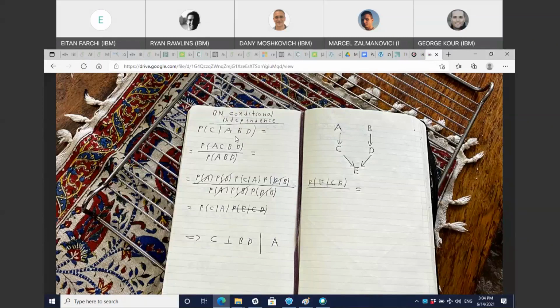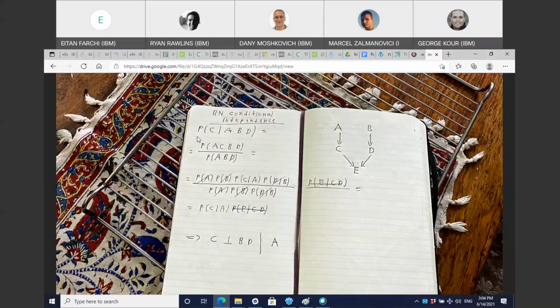Because once I know A, I can ignore B and D. So I'm going to get this statement that assuming A, C is conditionally independent of B and D.